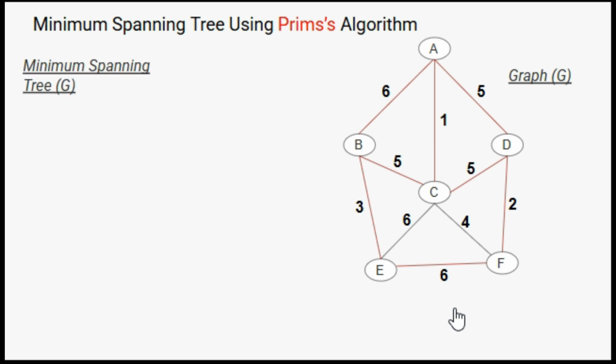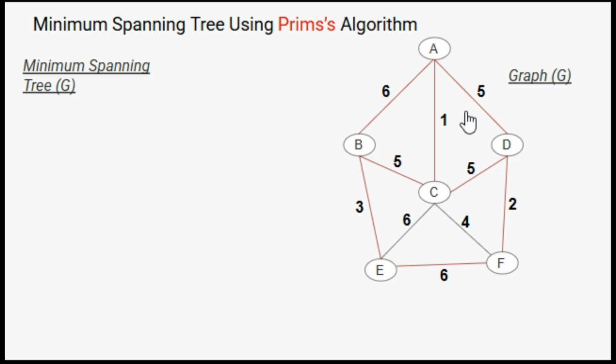Now we are going to form a minimum spanning tree out of the given graph. First of all, we need to choose a starting vertex. You can choose any vertex as the starting vertex or root vertex, since it is not given. If we are not provided with the information about the root vertex, we can choose any vertex as the root vertex. So right now I am choosing A as my root vertex.